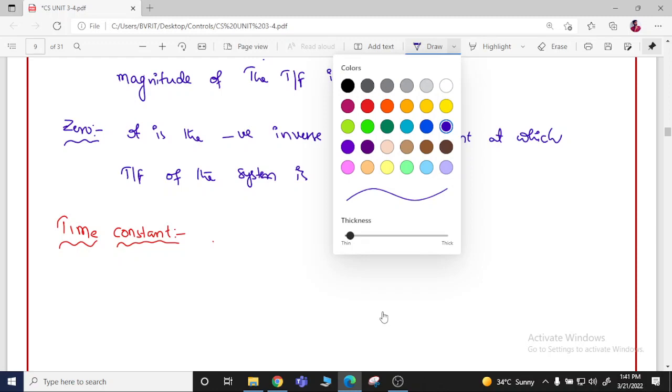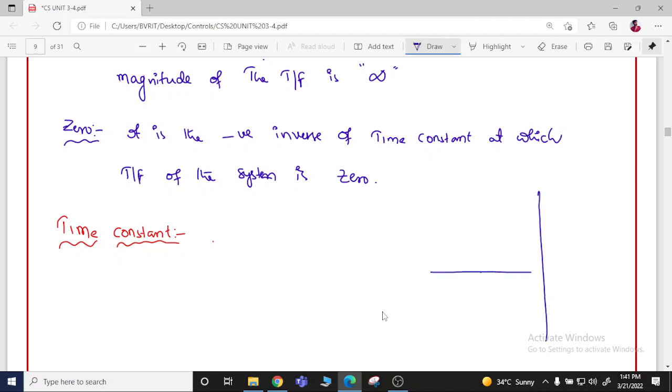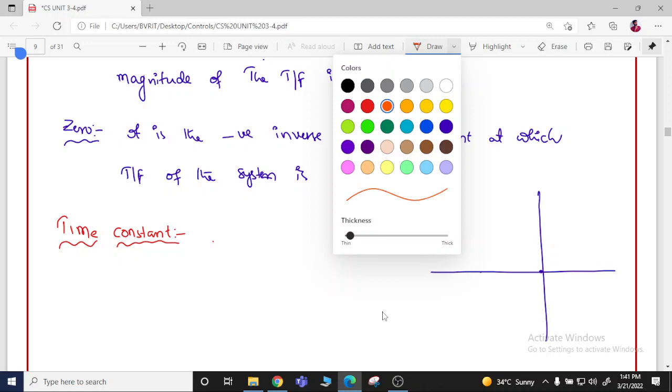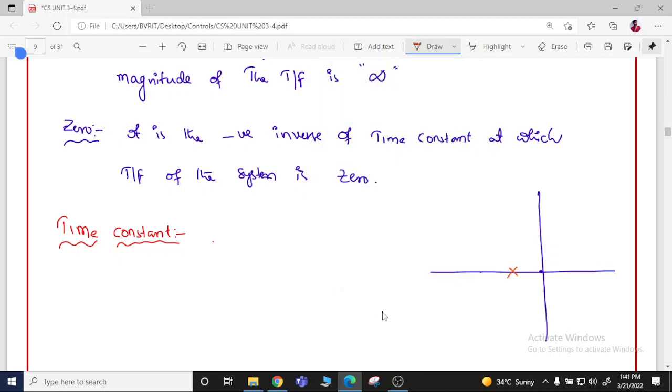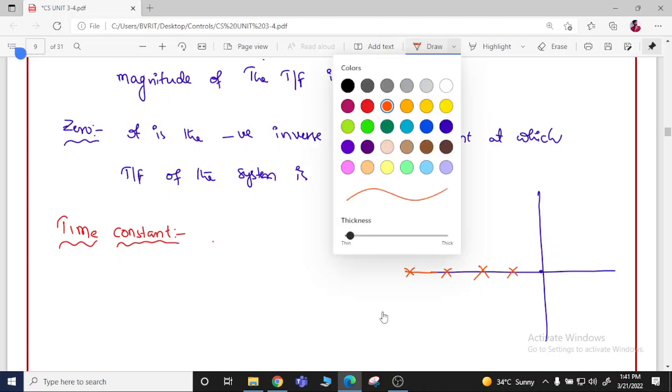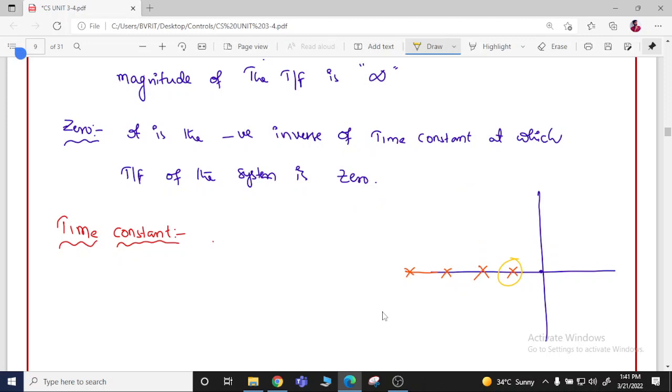The dominant pole is the pole which is located near to the origin. So this is the origin, and these are the poles we are having. In this, the dominant pole is this one, and the poles which are lying far away from the origin are called insignificant poles.